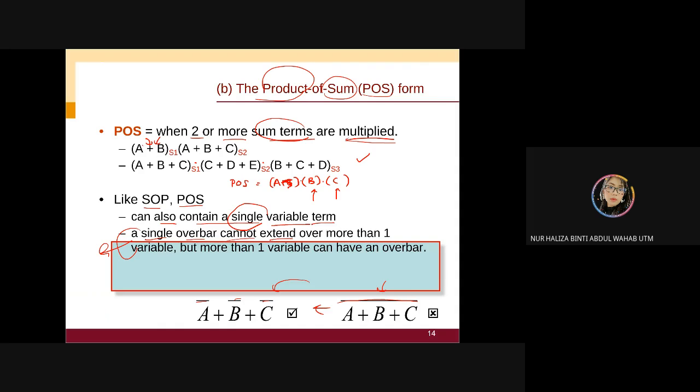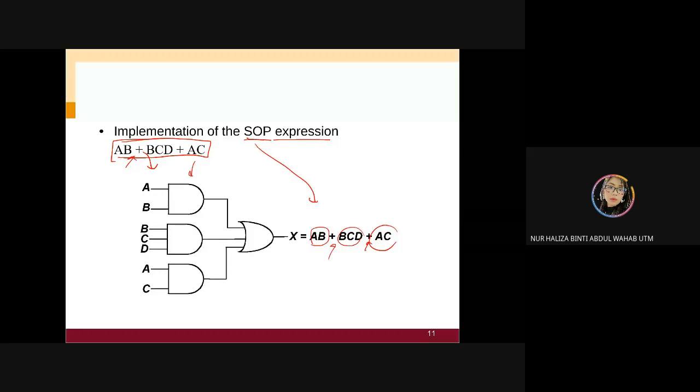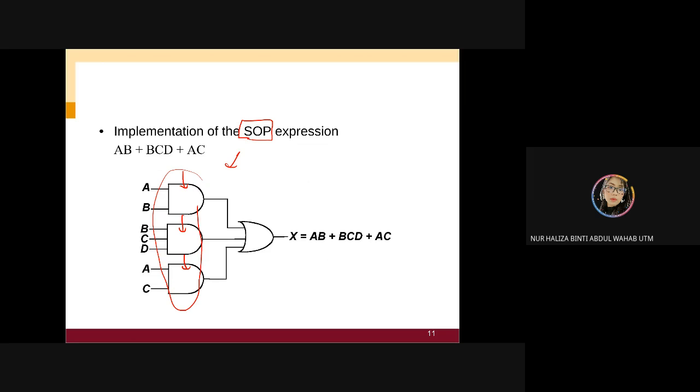And this is your SOP circuit. What makes it different? For SOP, you're going to have AND gates first. After you have all the AND gates, then you're going to have only one OR over here. So you have AND gates, after this you get OR.